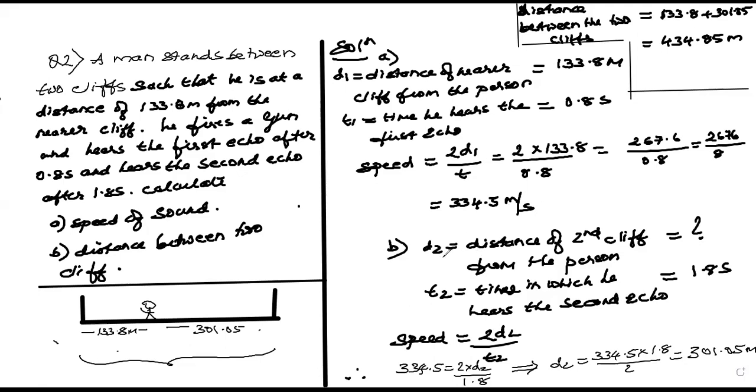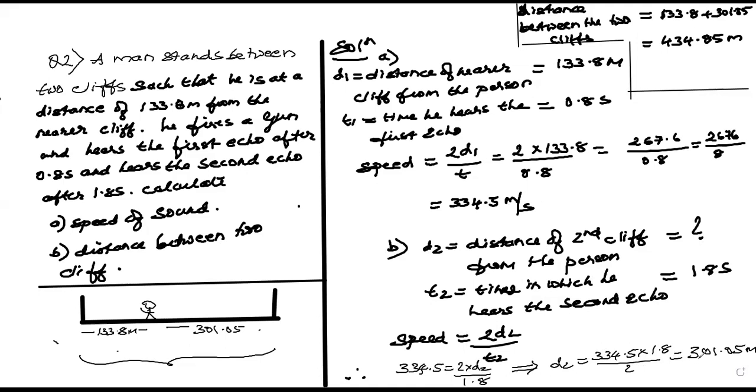Now for the B part, the distance between the two cliffs. D2, the distance of the second cliff from the person, we don't know. T2 is the time in which he hears the second echo, 1.8 seconds. The speed is 2D2 upon T2, so 334.5 equals 2D2 upon 1.8. So D2 is 334.5 into 1.8 divided by 2.